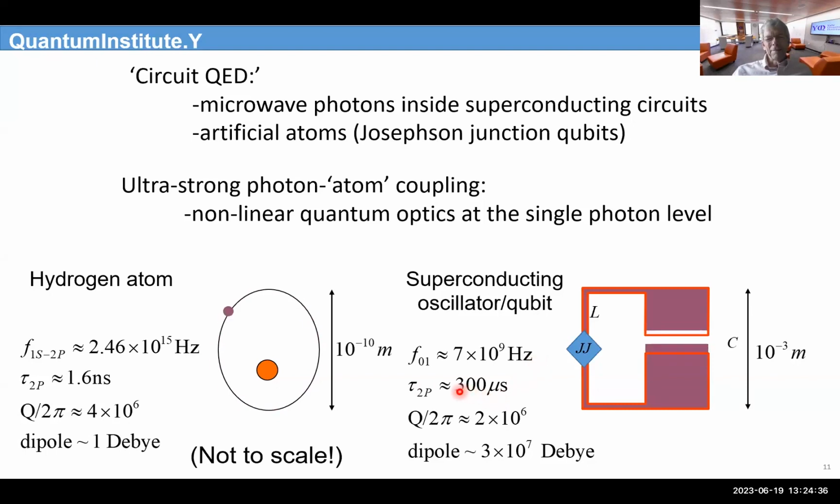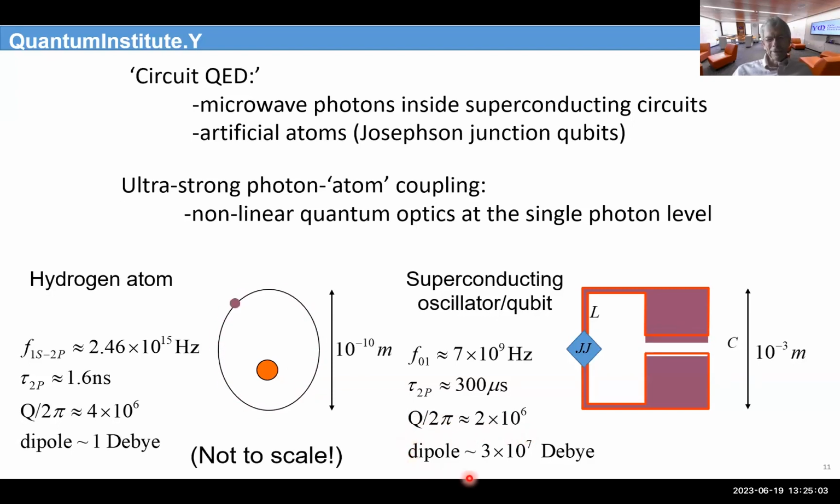Whereas here, the transition frequency is going to be around 5 to 10 gigahertz. The lifetime of the excited state in free space is about 100 nanoseconds, but if you put this inside a cavity to try to prevent it from radiating spontaneously, you can get 300, 500, perhaps even 1,000 microseconds of lifetime. And the Q is comparable to that of hydrogen, a few million.